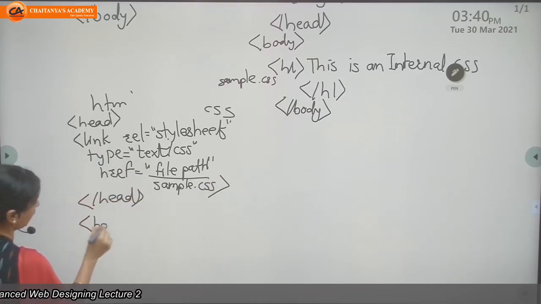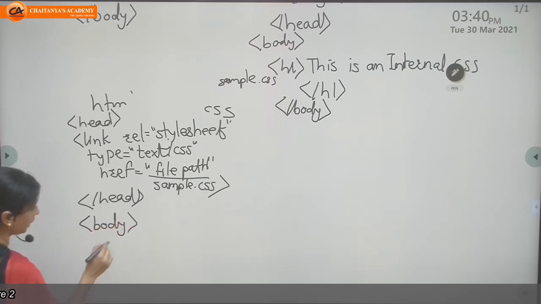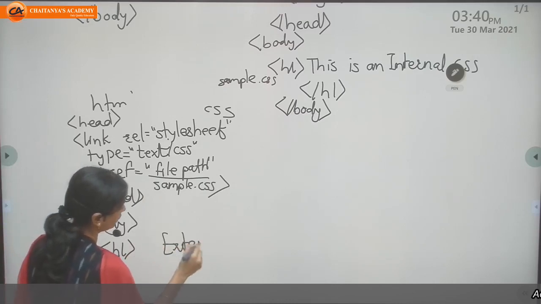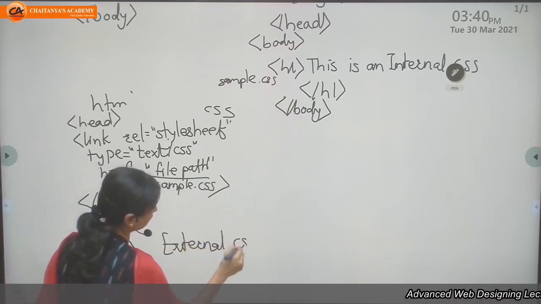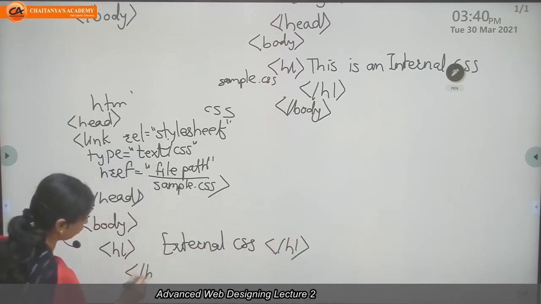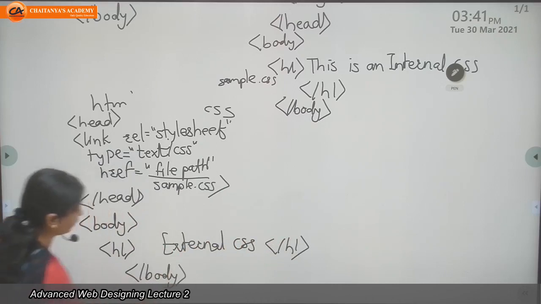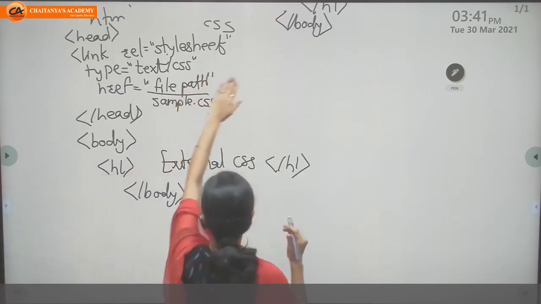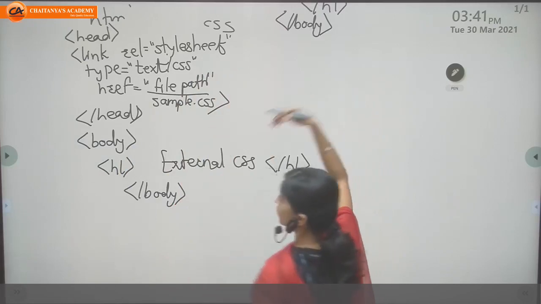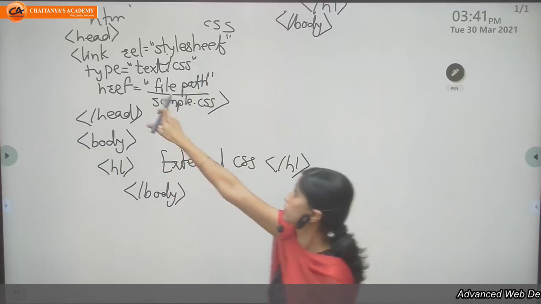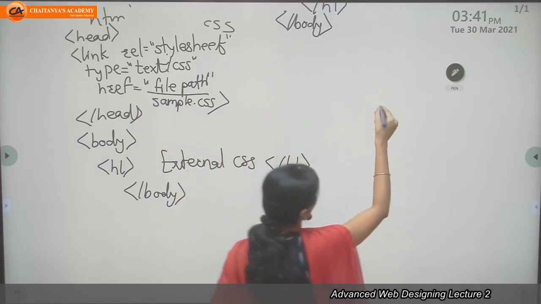Inside the body tag, whenever I write this h1 tag, the external CSS, end of body tag. Whenever I call this h1 tag, whatever properties and values I wrote here will be displayed. So I need to create two files. First is the HTML file, another is the CSS file.